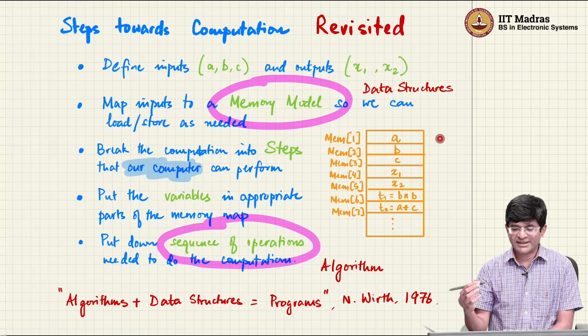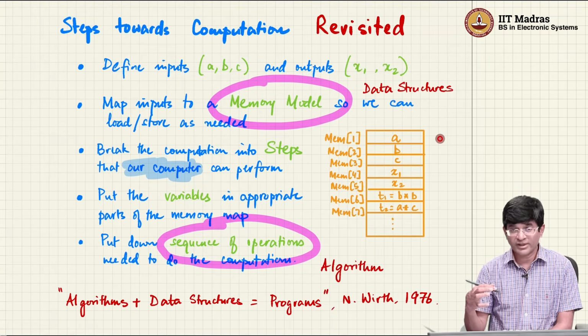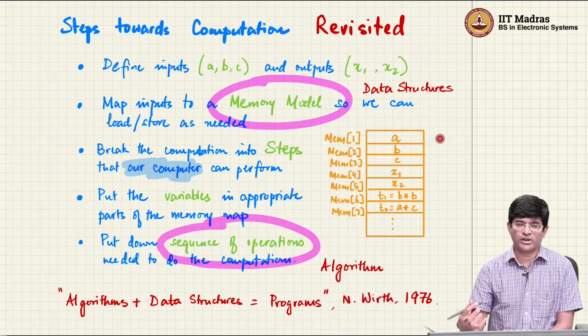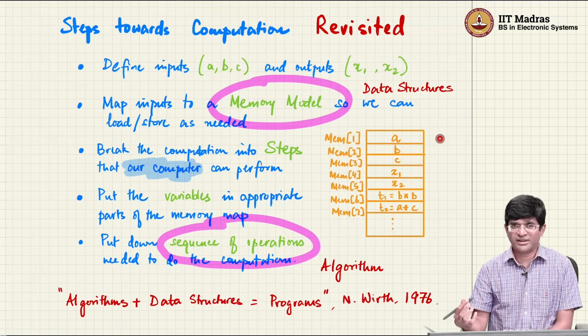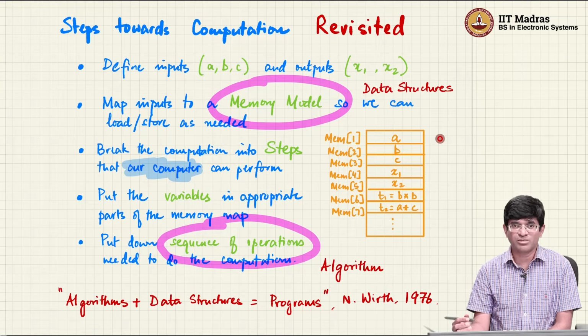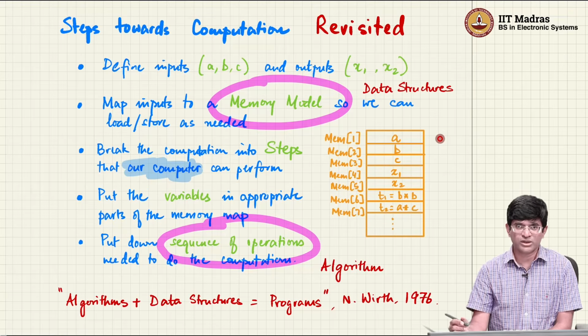The point is that these terms, algorithms, data structures and so on, are useful from the point of view of helping us appreciate how to actually build programs in a systematic manner, right? So don't get hassled by these terms. These are not something fancy. You don't need to be an expert in algorithms or data structures in order to go through a course like this.